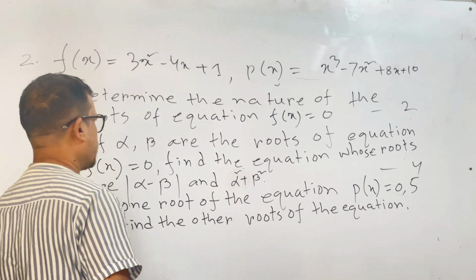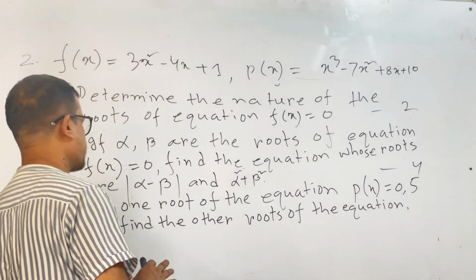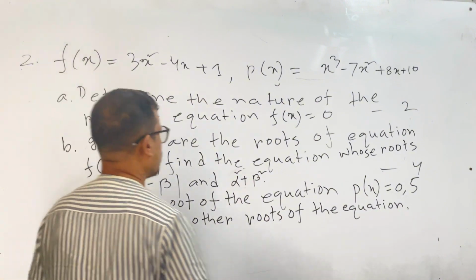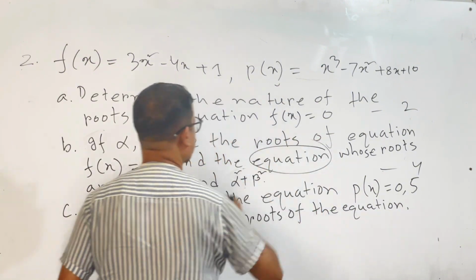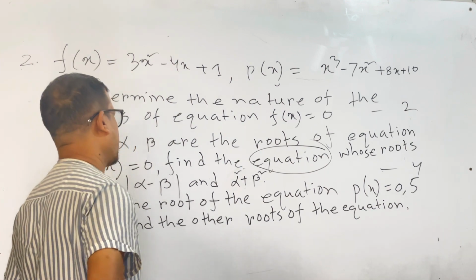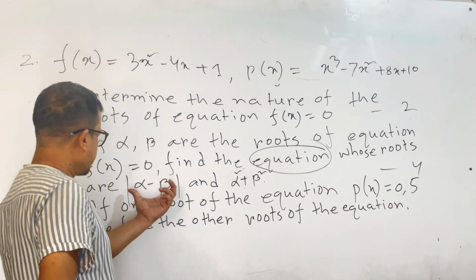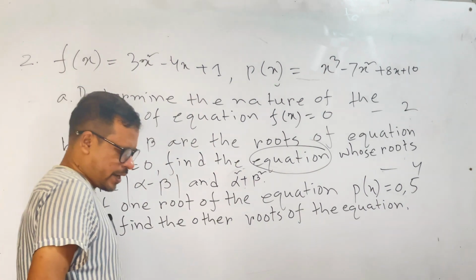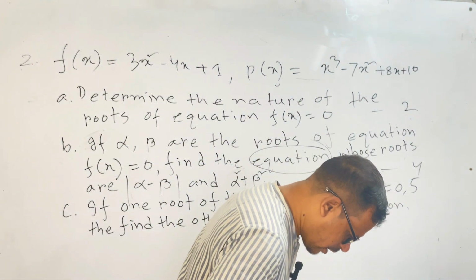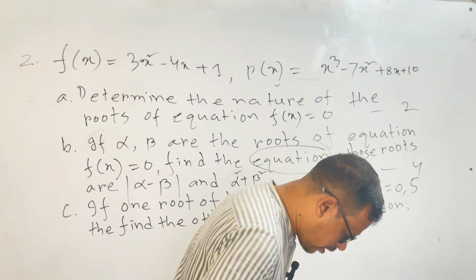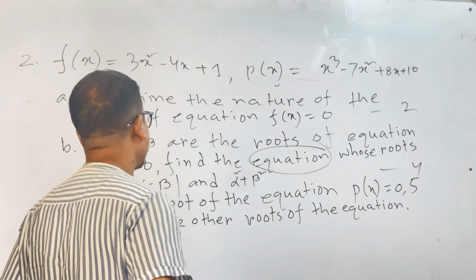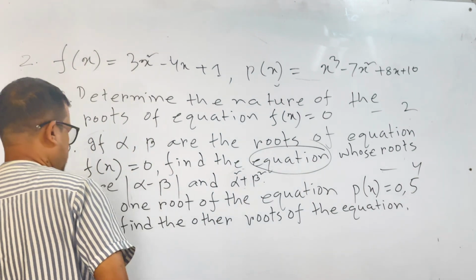If alpha, beta are the roots of the equation f(x) equal to 0, find the equation whose roots are alpha minus beta, absolute sign, and alpha square plus beta square.